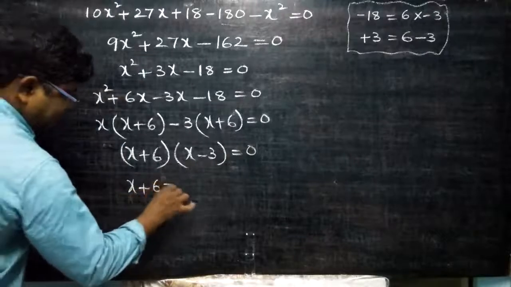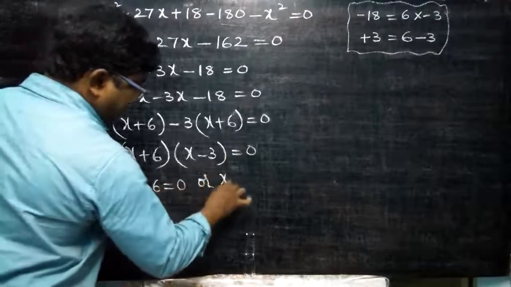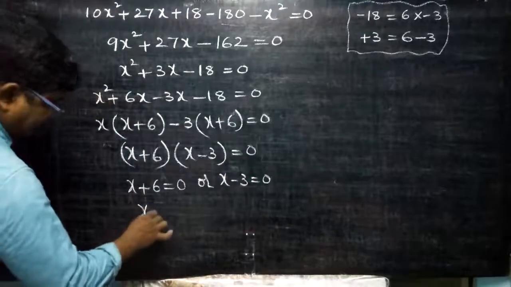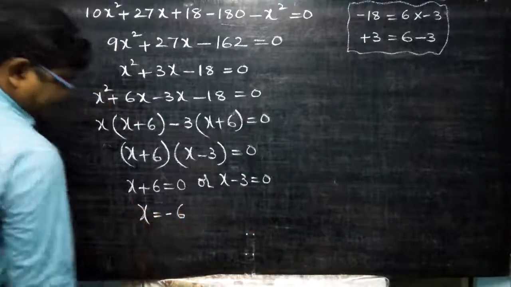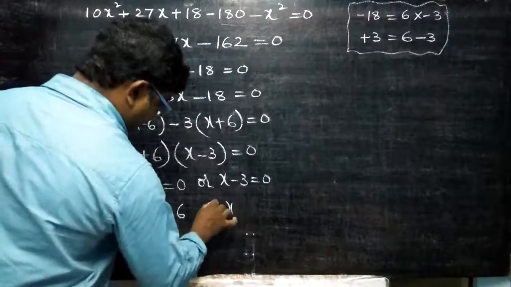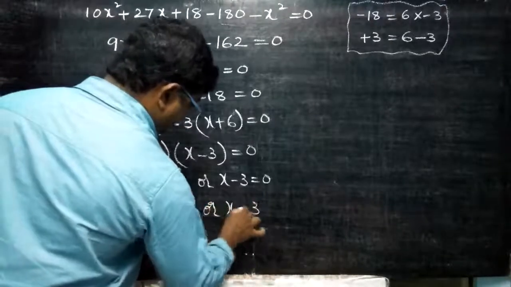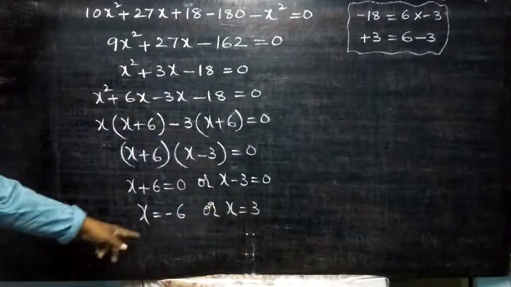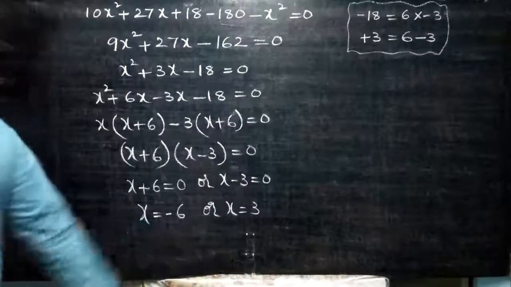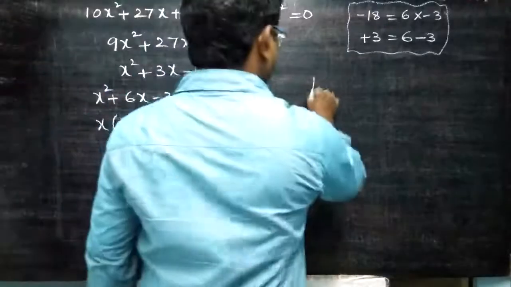Either x plus 6 is equal to 0 or x minus 3 is equal to 0. Now x is equal to minus 6, and x is equal to plus 3. So we got one negative number, we got one positive. Take positive.